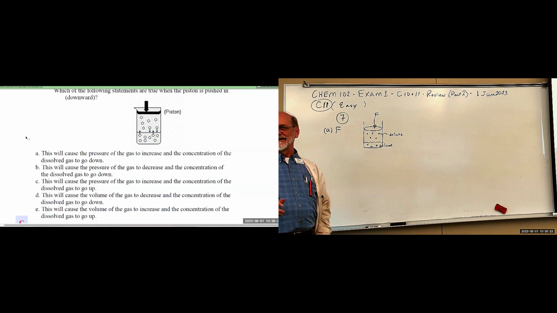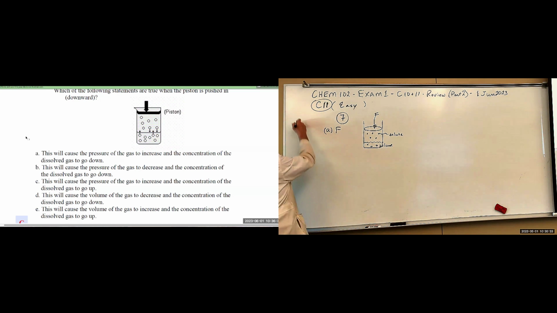Boyle's law? No, this is a new law, beyond gases, pure gases. This is Henry's law, which states the concentration of the gas in solution is proportional to the pressure.